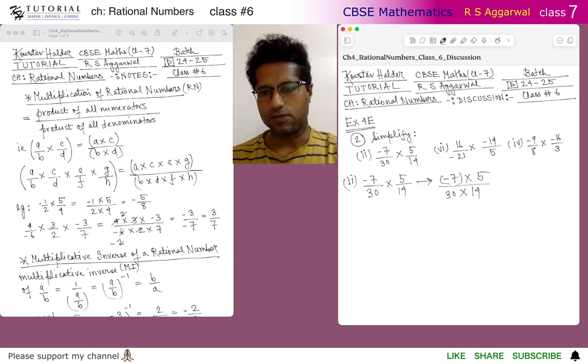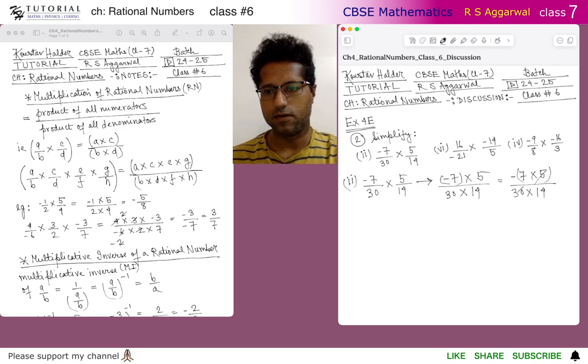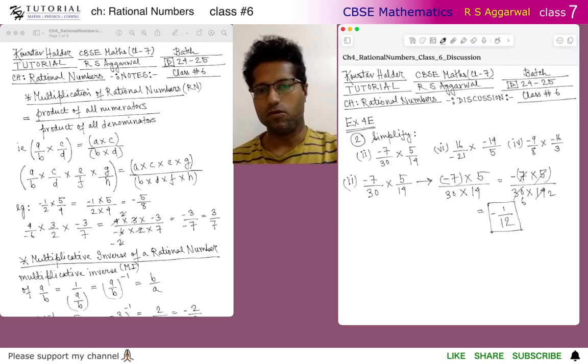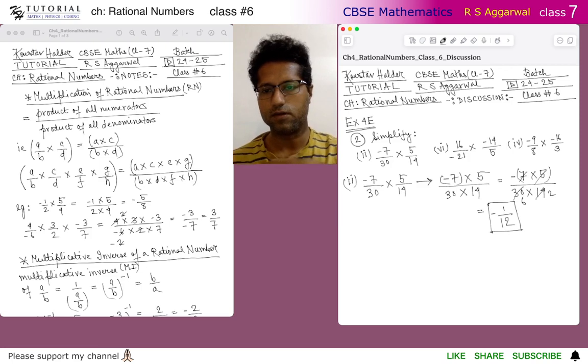So after cancelling, this is -7 into 5 over 30 into 14. We can cancel: 6 and this goes 2. So the answer is -1 by 12. So we just simply find the product of the numerators and divide that by the product of the denominators.